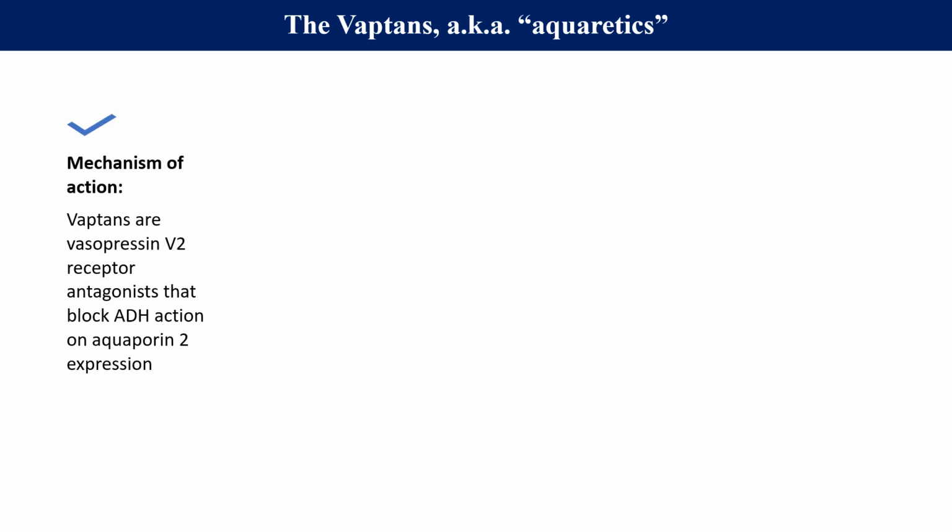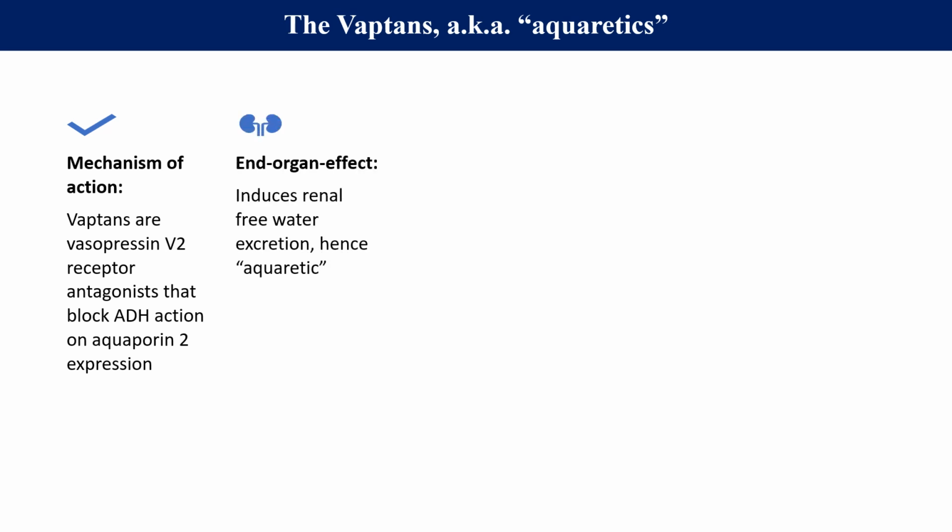Vaptans act by binding to vasopressin B2 receptors, thereby blocking ADH binding and its downstream effects on aquaporin-2 expression. The lowered aquaporin-2 expression leads to reduced water reabsorption, thus effectively induces free water excretion. For this reason, vaptans are also called aquaretics.